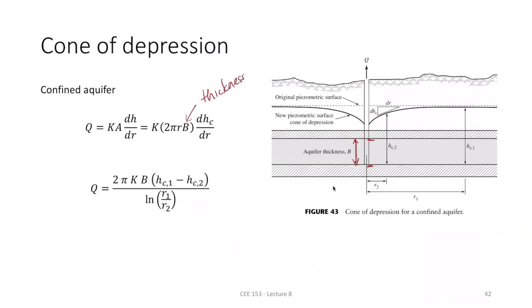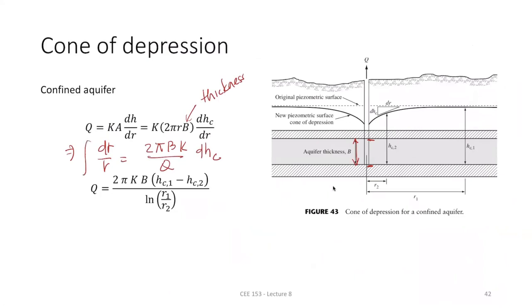Okay. And then this is much easier to solve because you are basically solving dr by r equals 2 pi bk divided by Q dhc.